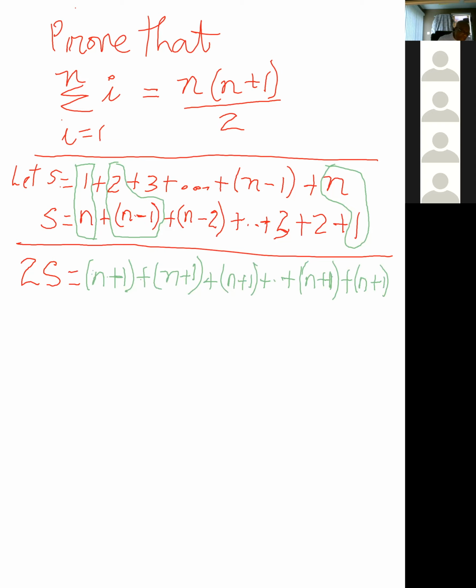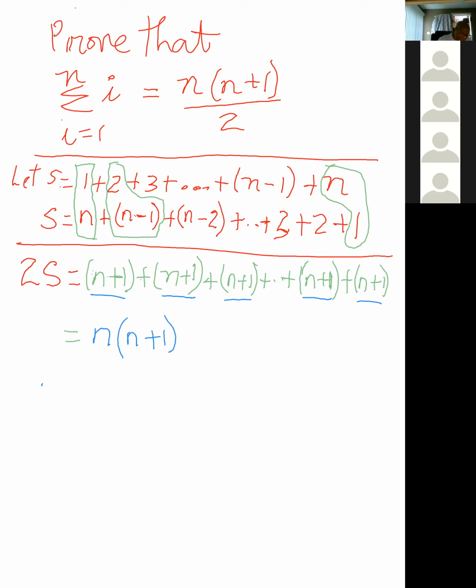Okay, so when I count up all these terms, I'm going to get n of these terms. All of these that I'm looking at, when I count them, I'm going to have n of these. So that's going to be equal to n times (n plus 1).